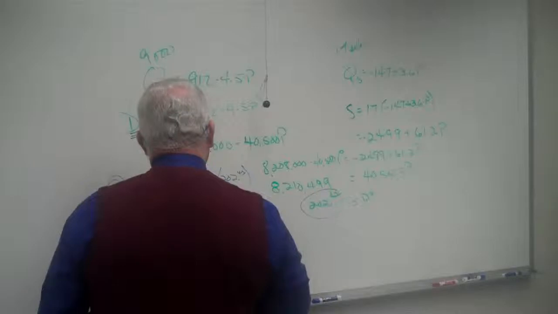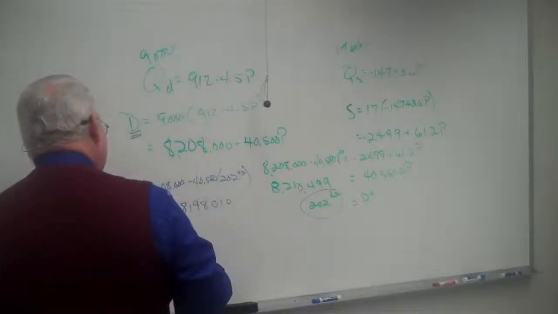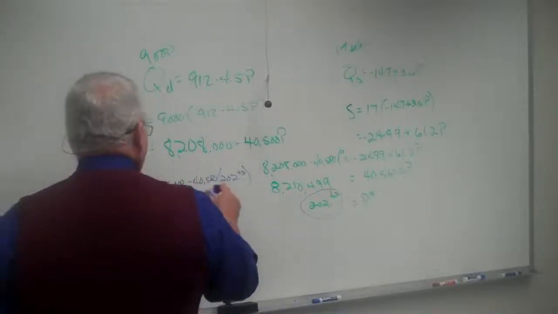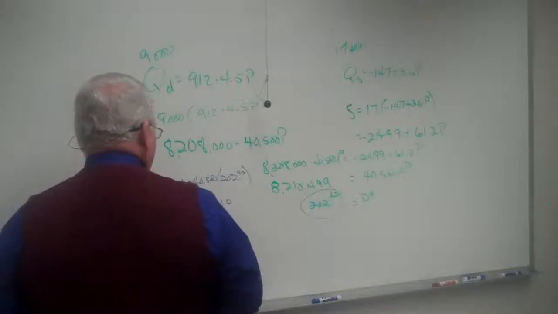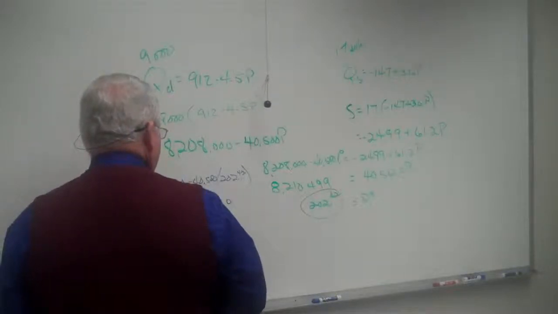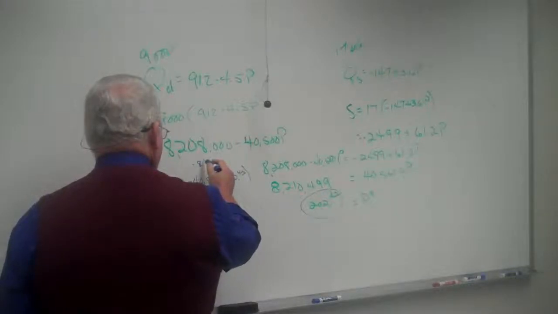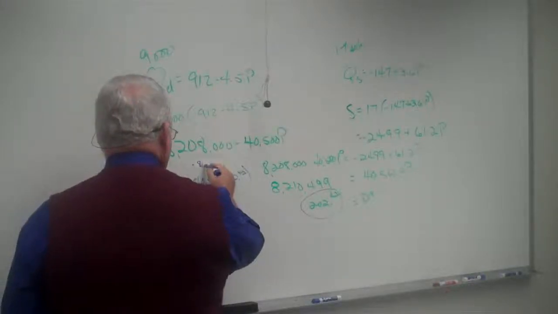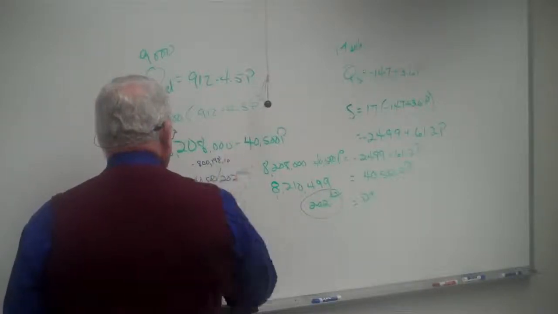I rounded to .4 instead of .42, and I got 8,198,010 as well. I'm having some hesitation here. What's 202 times 40,500? It's negative 8,198,010. Is that right?